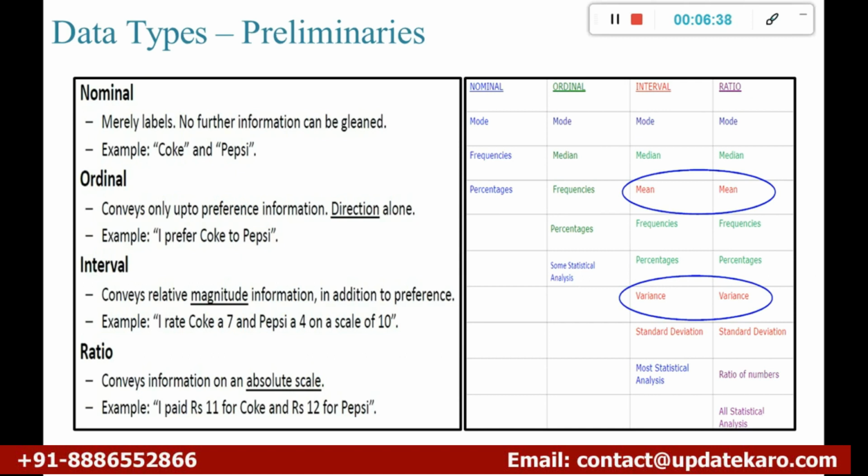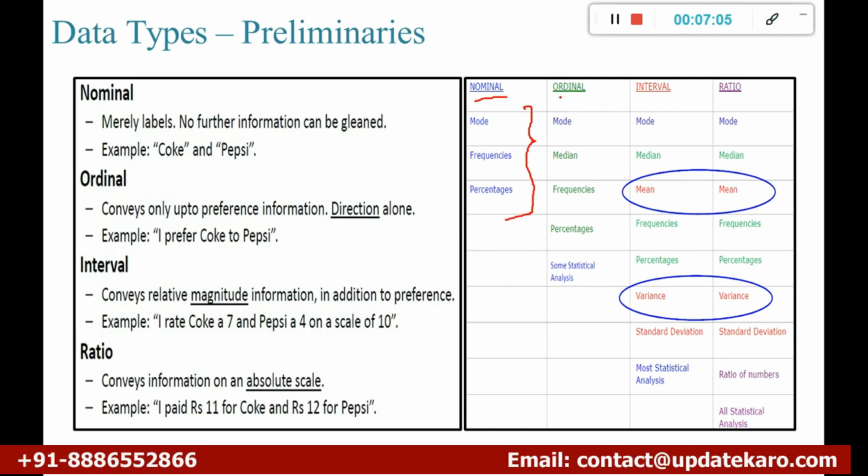And the preliminaries of data types are important because as the data types change, the operations which we can perform on the specific data type are also changing. If you have nominal data, you can only do these sort of operations.